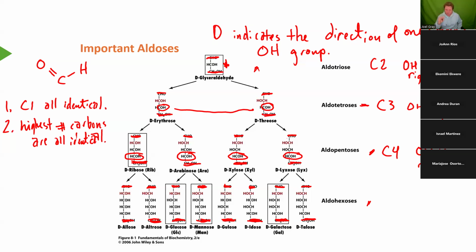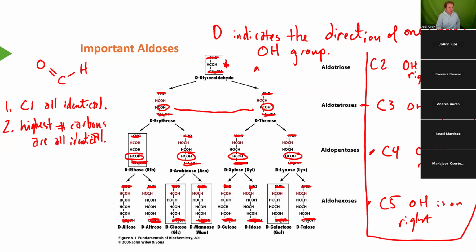And then our last one, our aldohexoses, this has C5 OH is on the right. Would anyone agree with these statements and the corresponding trioses, tetroses, pentoses, and hexoses? Okay, great.